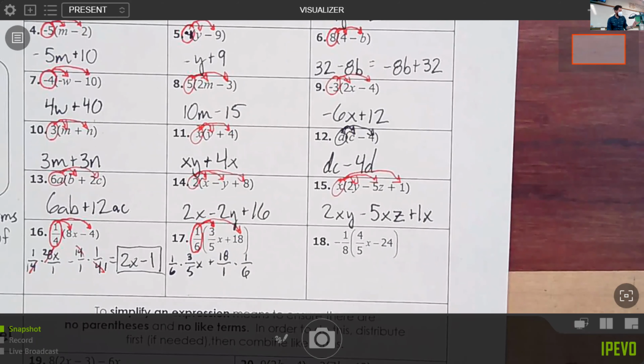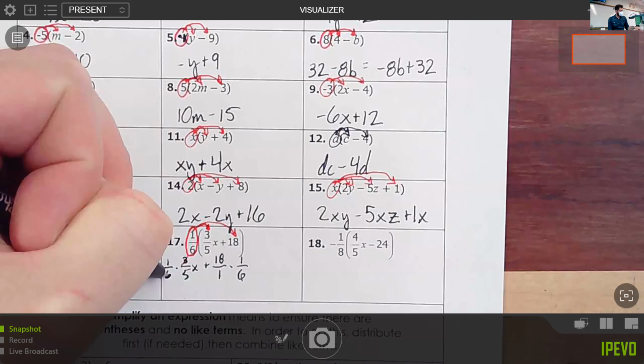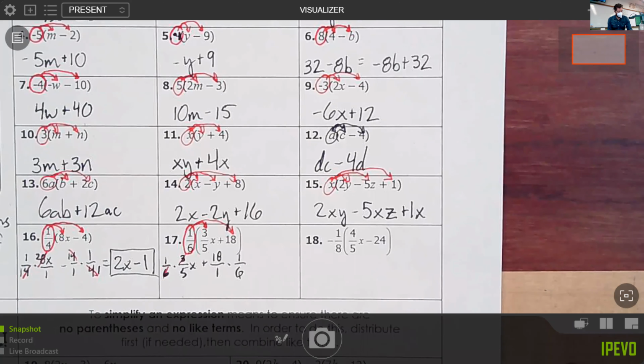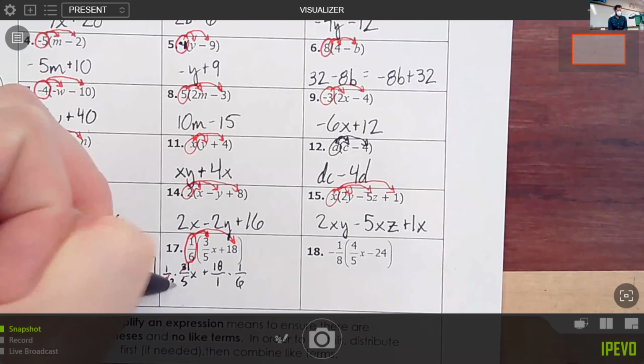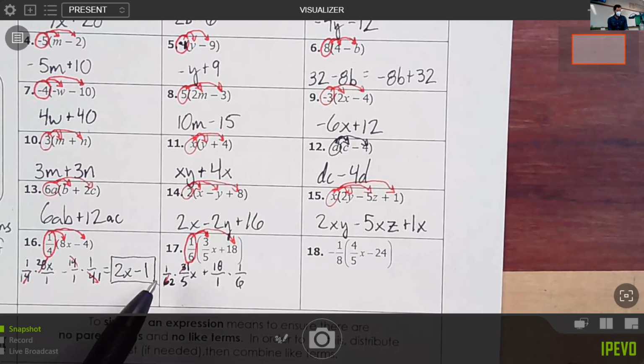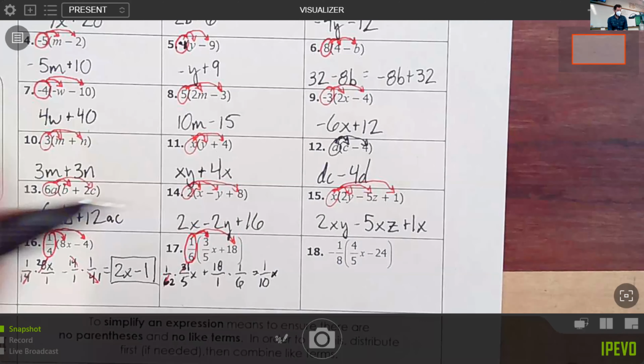And then we can try to cross cancel if it's possible, and we can on both of these. So the 3 up here cancels out with the 6 down there because they're each divisible by 3. 3 divided by 3 is 1. 6 divided by 3 is 2. So on the numerator, we have 1. On the denominator, we have 10. So it's 1/10 x.